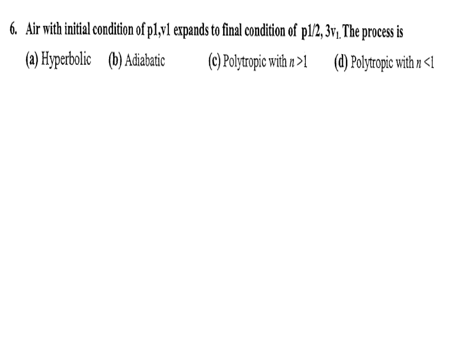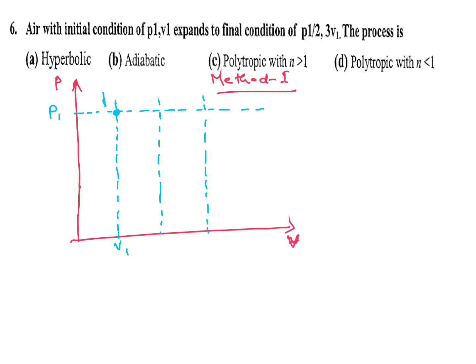At the initial condition 1, its pressure is P1 and volume is V1 in this PV diagram, and then second case, P1 by 2 pressure and 3 V1 volume, from here to here, 1 to 2. And we know for an isothermal process P1 V1 equal to P2 V2, n equal to 1 in the isothermal case.